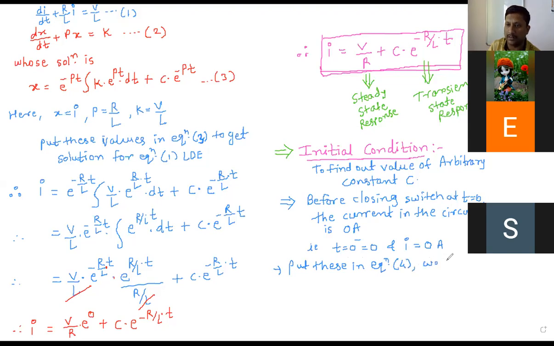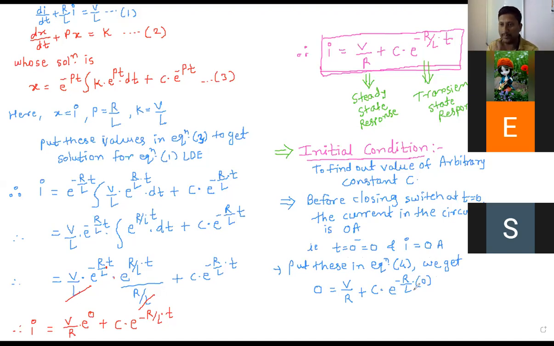So we get I replaced by 0, V by R as it is, plus C into e raised to minus R by L into T, where T is replaced by 0.